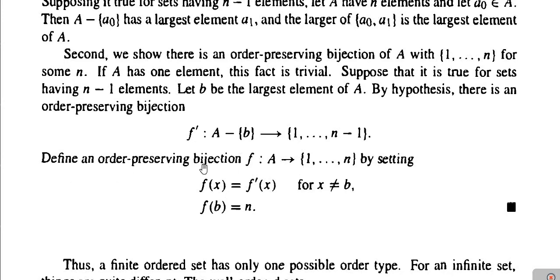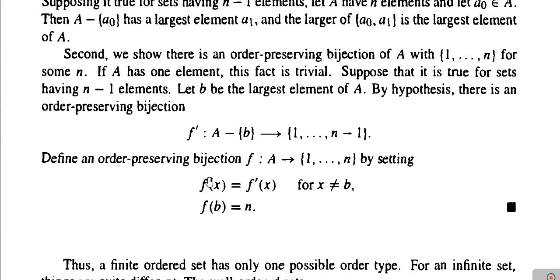We define an order preserving bijection f from the set A to the set {1, 2, ..., n} such that f(x) = f'(x) for x not equal to b. That means for every element other than b, the image of x under f and f' is the same, and the image of b under the mapping f is n. f(b) = n.